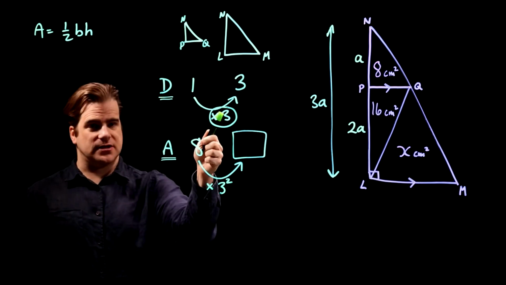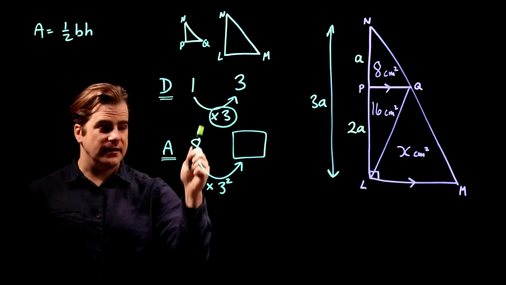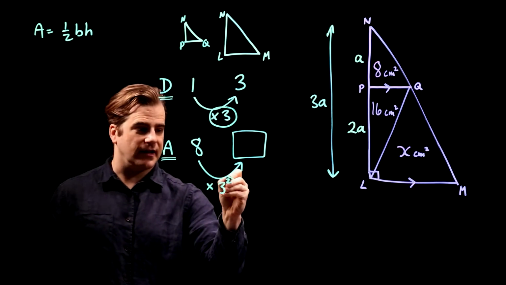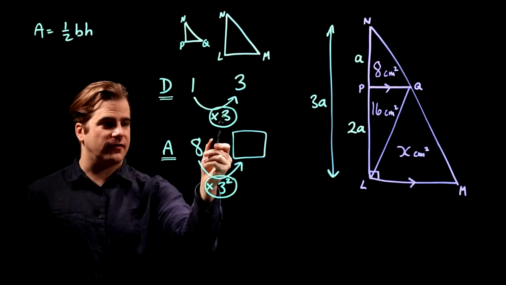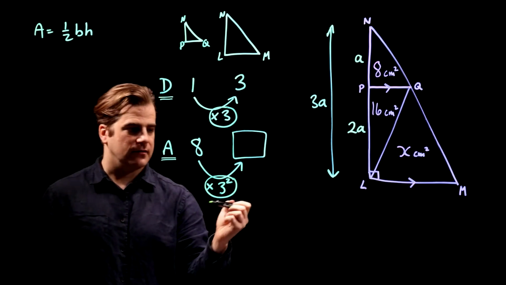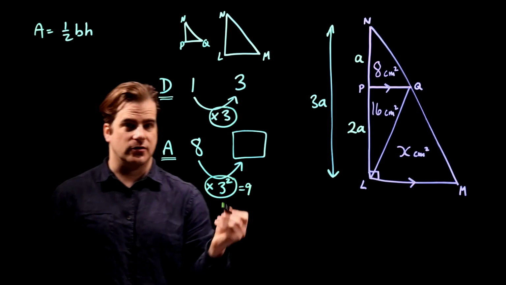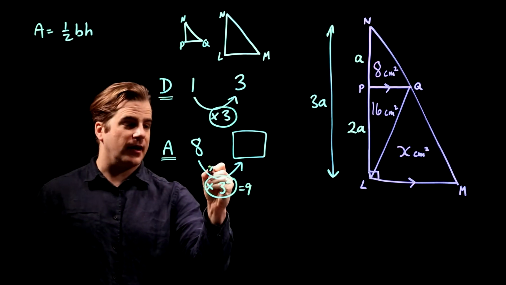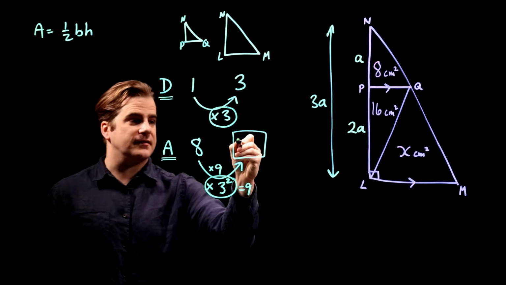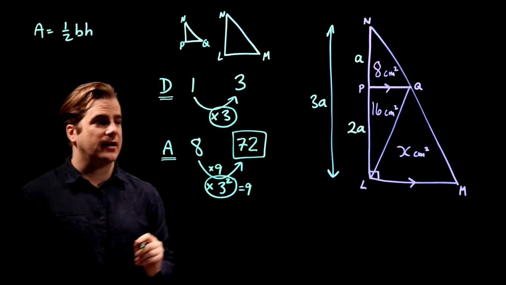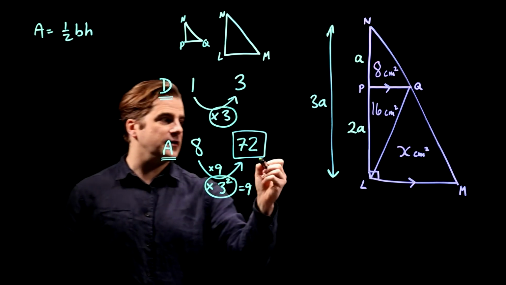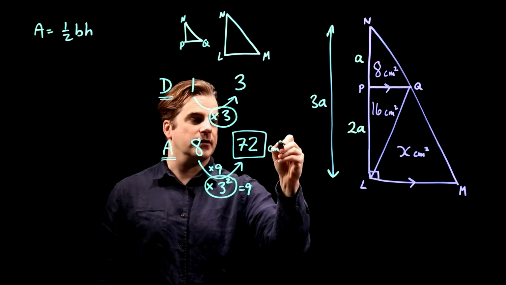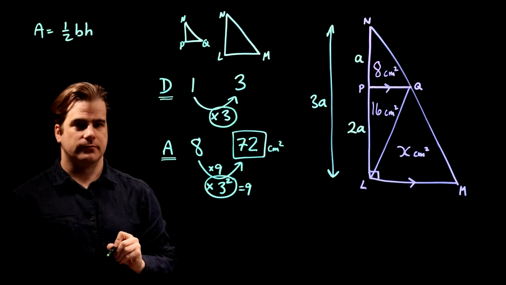Once you know the one-dimensional scaling factor, you immediately know the two-dimensional scaling factor. It's quite simply the one-dimensional scaling factor squared, which is 9. 3 squared is 9, of course. So therefore, we're going to multiply by 9. 8 nines is 72. And that's how we work out the area of the whole thing, okay? It's 72 cm squared. It's the whole triangle.